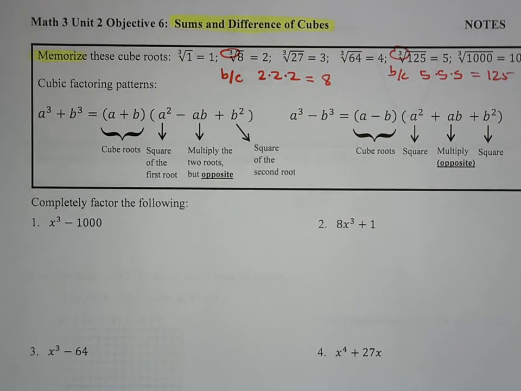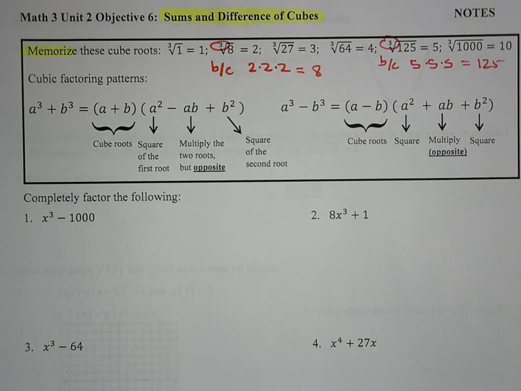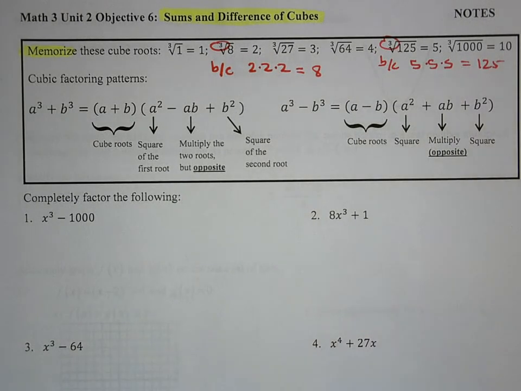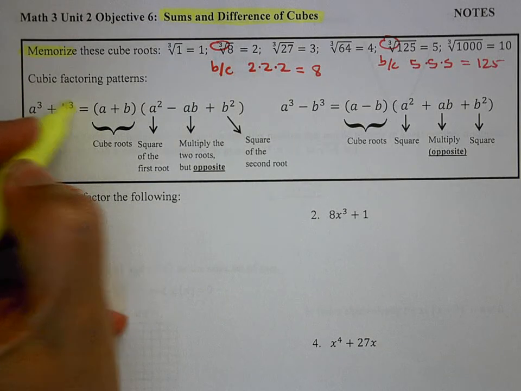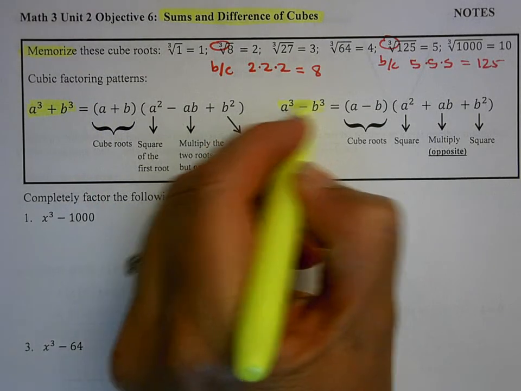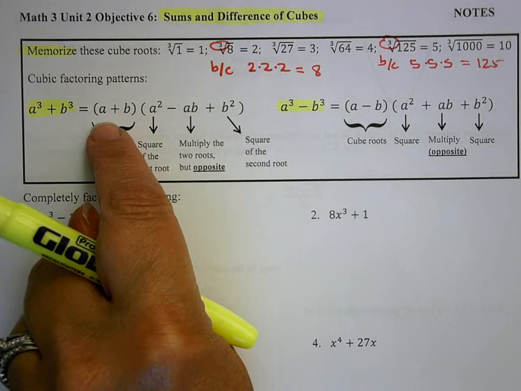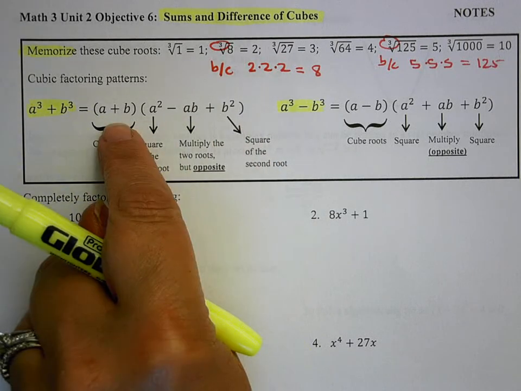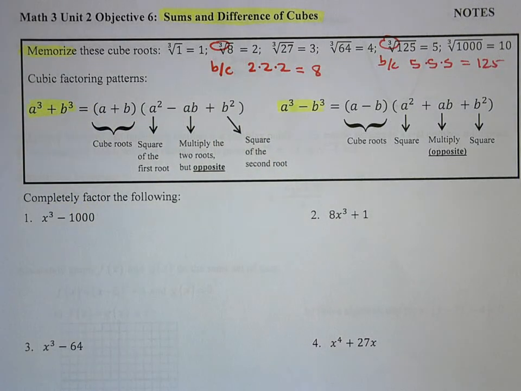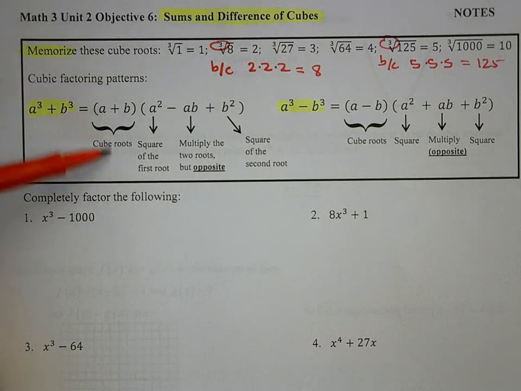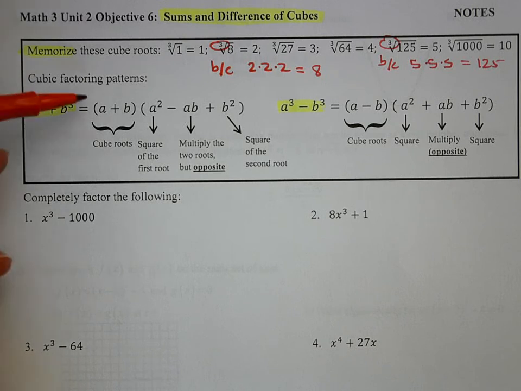We are also going to memorize the cubic factoring pattern. If we are given two perfect cubes, whether we are adding or subtracting, this is the pattern we are going to memorize. The first thing we pay attention to is that we have to find the cube roots of both, because that's what goes here.